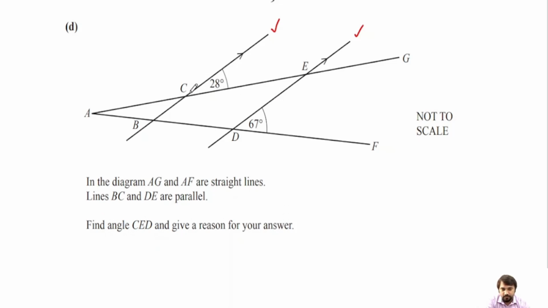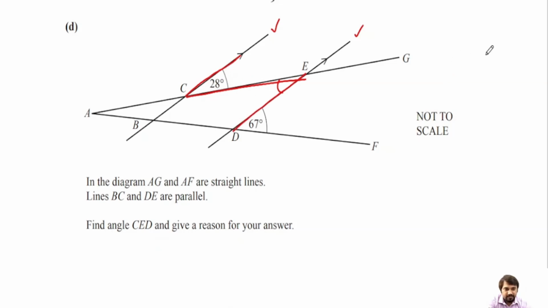We need to calculate the angle. We have to find CED, this angle, and tell what this angle is equal to and why. We can see two parallel lines, and if we join them, we form a Z-shaped angle. This is our Z-shaped angle.